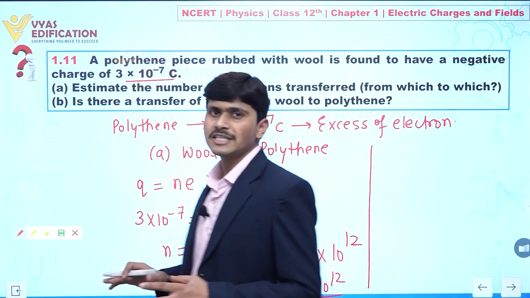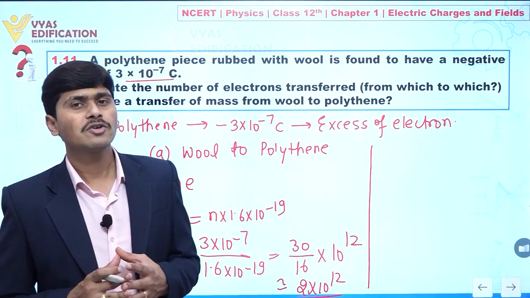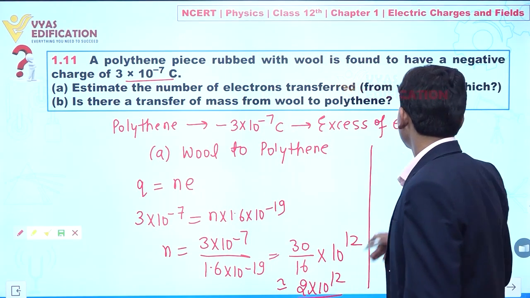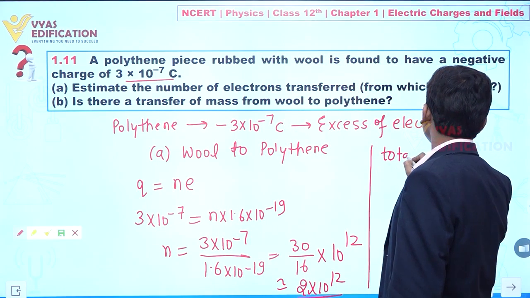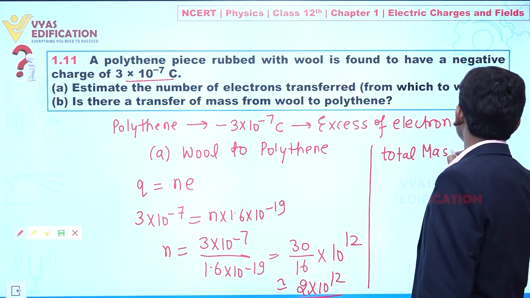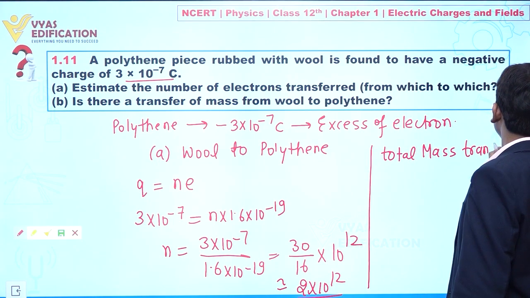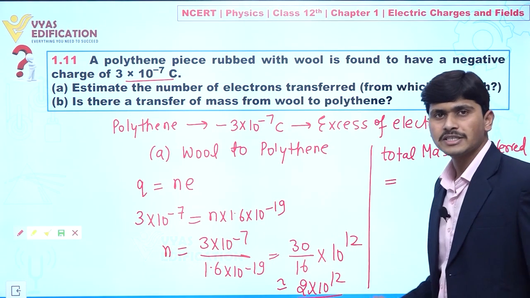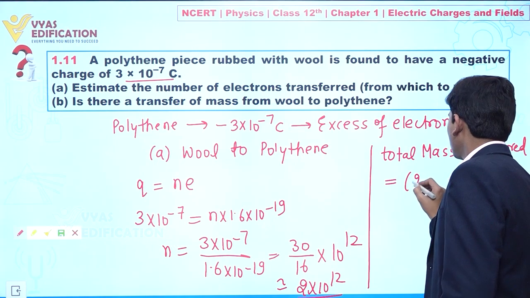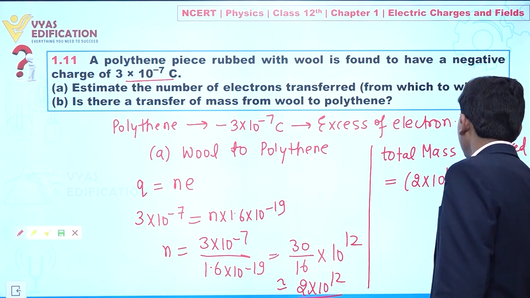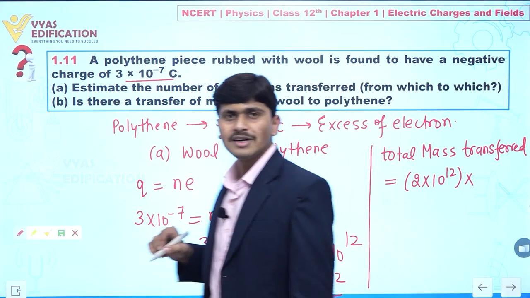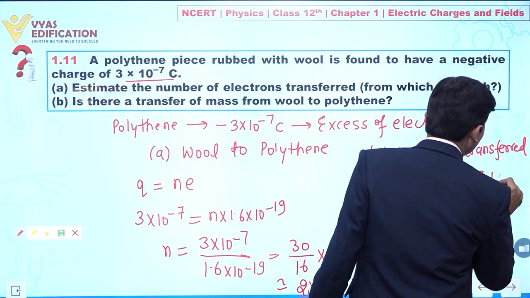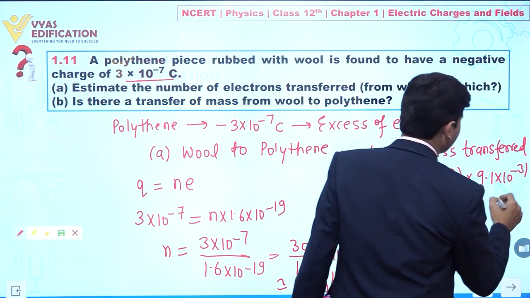Is there any mass transfer? Yes, because an electron has a mass of 9.1 into 10 to the power minus 31 kg. So what is the total mass transferred? It is 2 into 10 to the power 12, the number of electrons, multiplied by the mass of one electron, 9.1 into 10 to the power minus 31 kg.